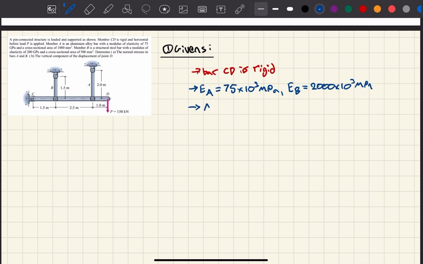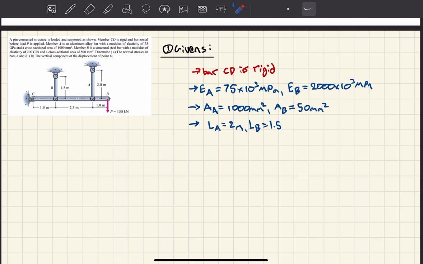In terms of areas, the area for bar A is 1,000 millimeters squared, and the area for bar B equals 500 millimeters squared. The length of bar A is 2 meters, and the length of bar B is 1.5 meters. The force P, which causes this system to deform, has a magnitude of 150 kilonewtons. So P is equal to 150 kilonewtons.